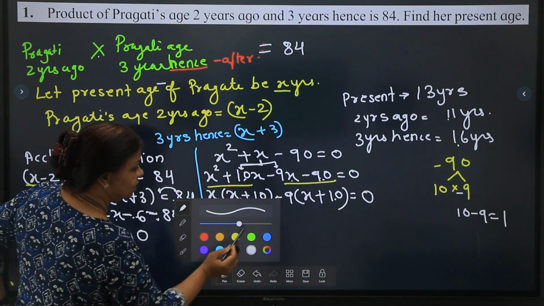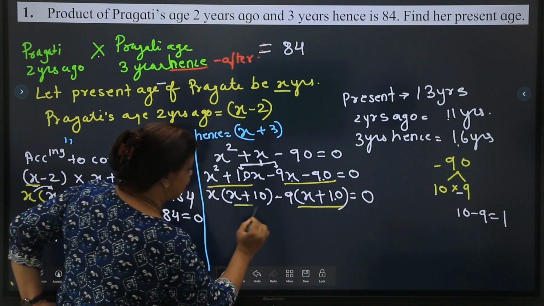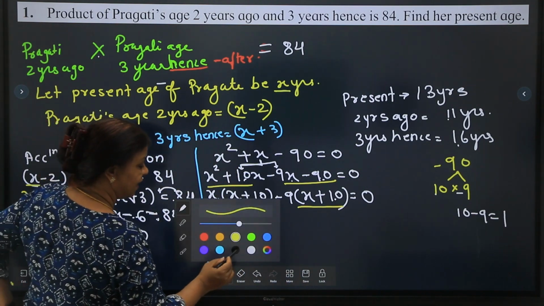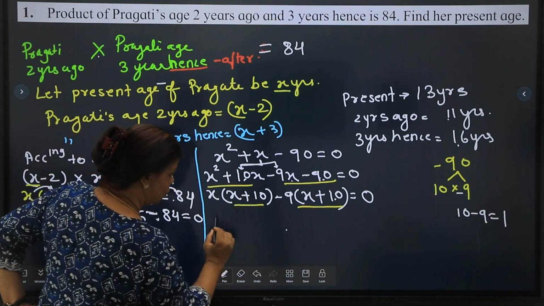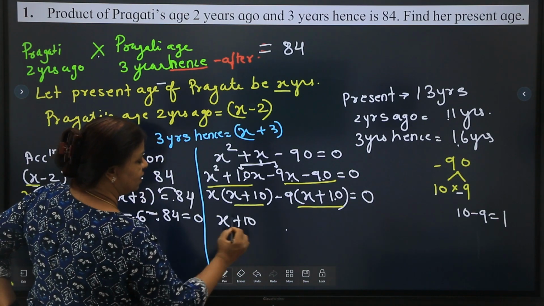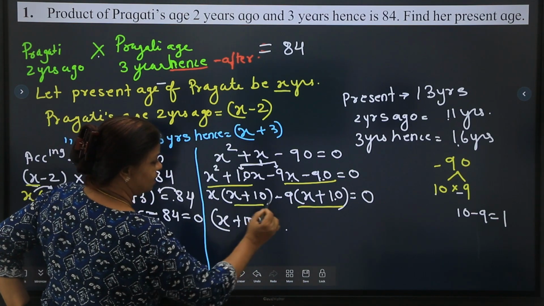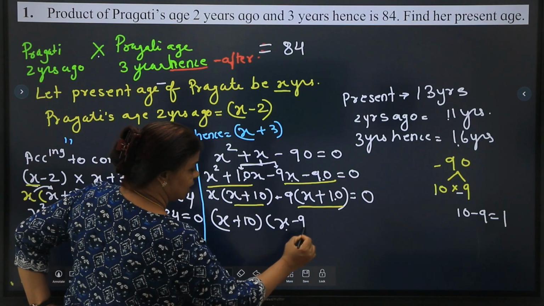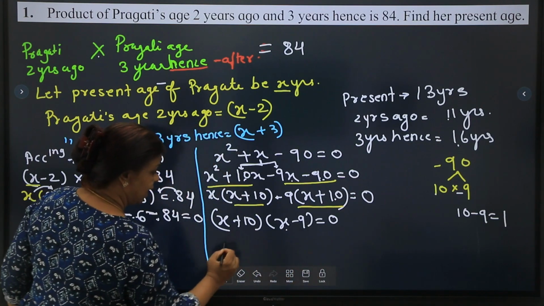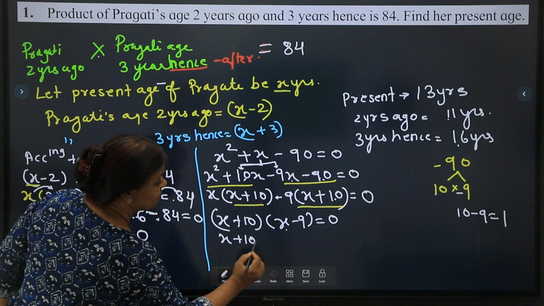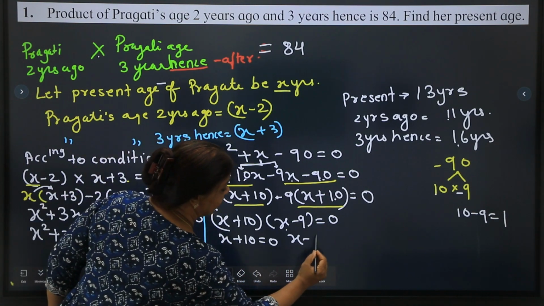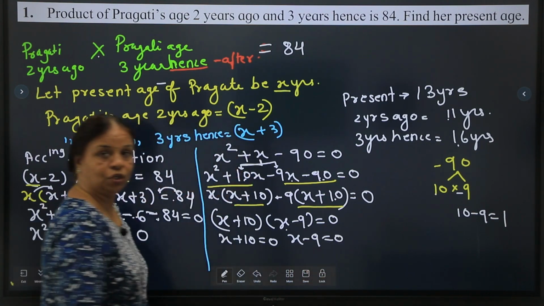Now see children, x plus 10 is 2 times, so I can write it only 1 time. So x plus 10 bracket x minus 9 is equal to 0. Now x plus 10 is equal to 0, x minus 9 is equal to 0.